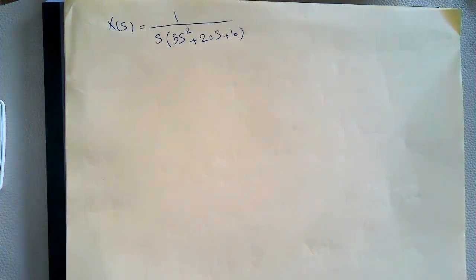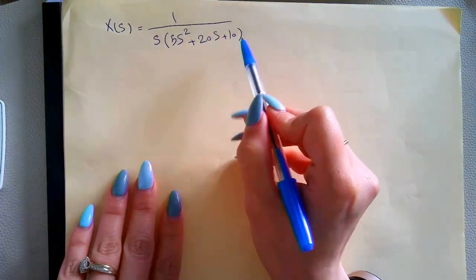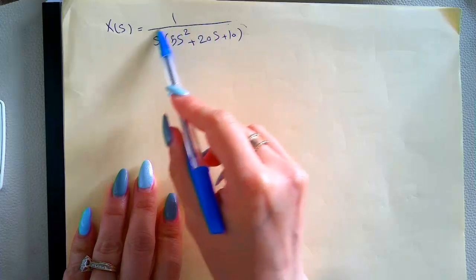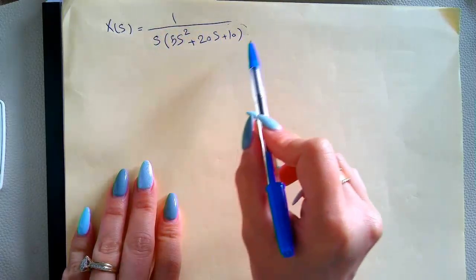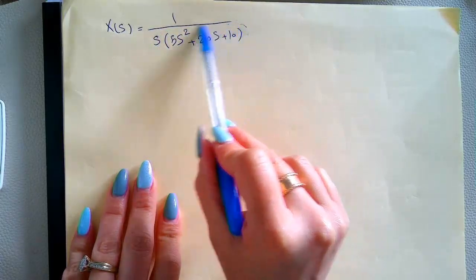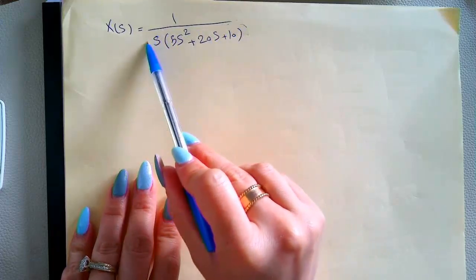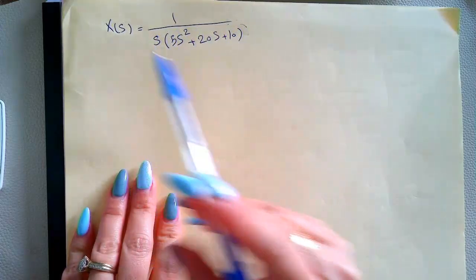Now, if you remember from previous videos, we want to see what conditions are going to turn this fraction's denominator to 0.